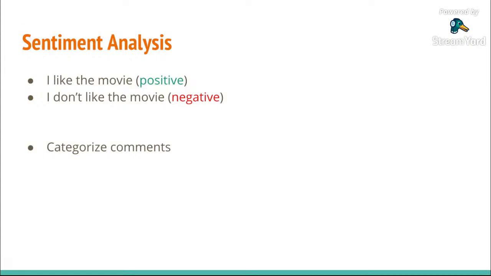Similarly, for movie reviews, there is a lot of text, you can categorize the text and identify whether it is positive or negative. If there are a lot of positive statements, then you can say the movie is good. But if there are a lot of negative statements, then you can say the movie is not so great. So that's basically sentiment analysis: we take the sentence and identify whether it is positive, negative, or neutral.